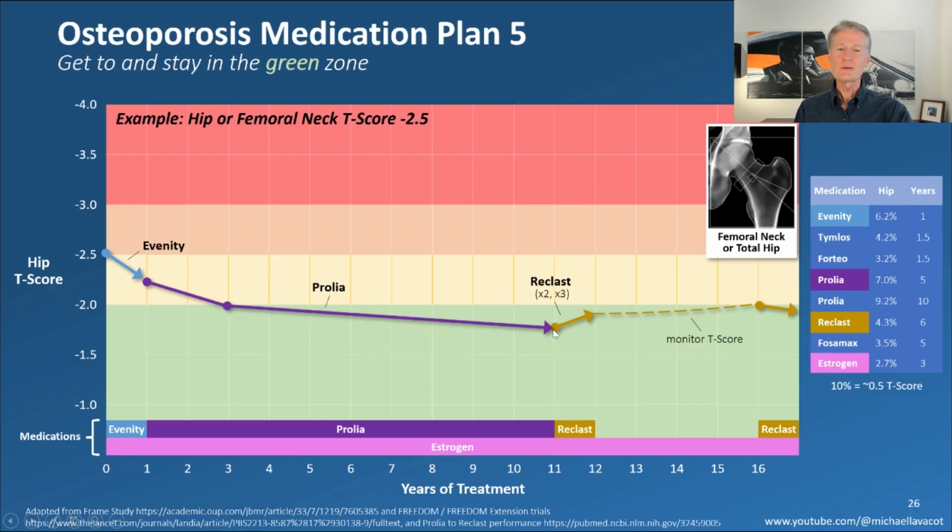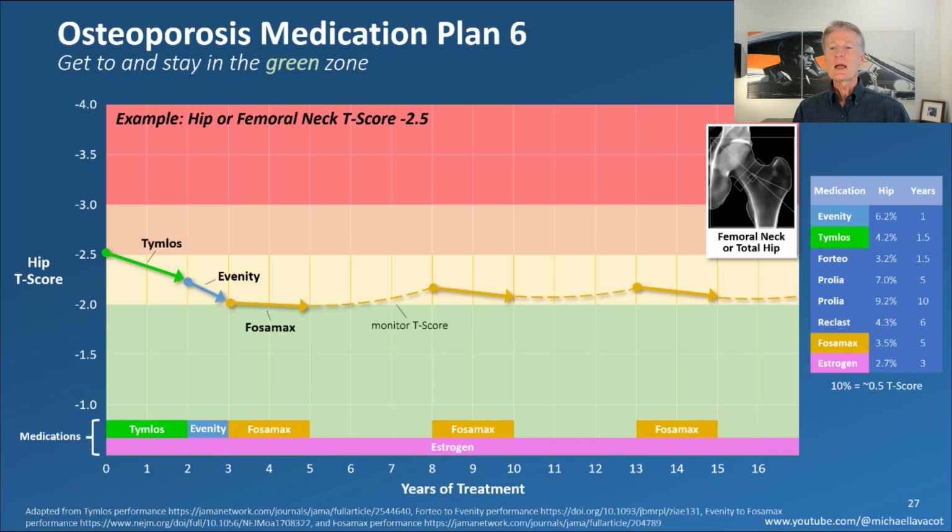compensate for this rebound effect, right? You're going to go on to Reclast, you're going to lose some bone density, but you're going to stay below this -2.0 line and hopefully be able to go on this maintenance mode. Okay. Likewise, that Tymlos Evenity thing that worked so well and so quickly in the spine doesn't work that well in the hip.